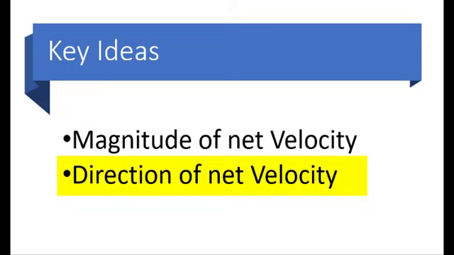Also, we are able to find the direction of the net velocity at any point. Since we know Vx and Vy at all times, the instantaneous angle made with the horizontal is the tan inverse of Vy over Vx.